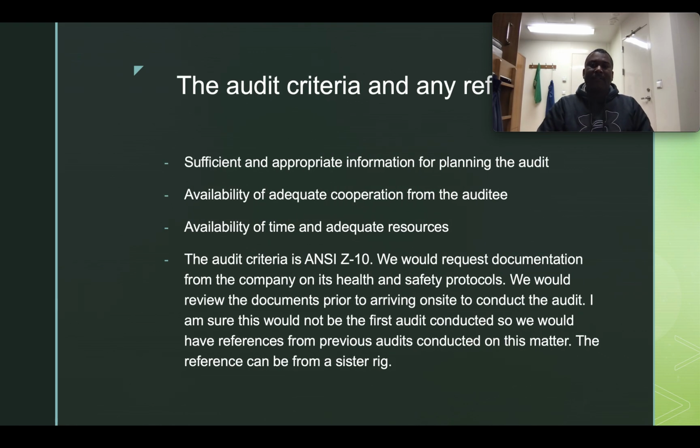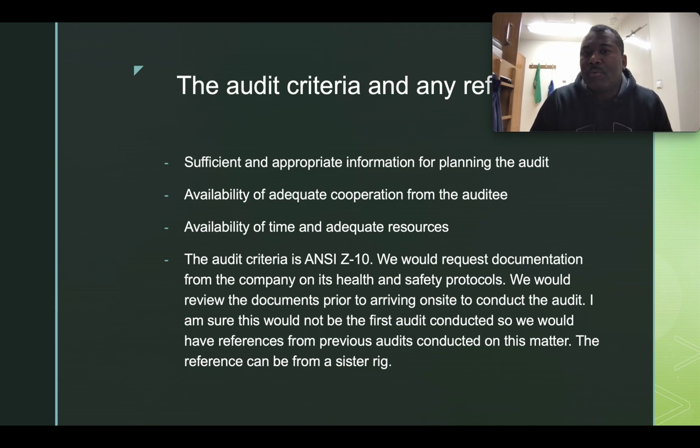Hey guys, the audit criteria and references. The audit criteria will have sufficient and appropriate information for planning the audit: availability of adequate cooperation from the auditee, availability of time and adequate resources. This is very important, guys, because when we come out here to do an audit, we need help from the team on board to show us around, to help us do our inspections on the deck, and our inspections of paperwork.